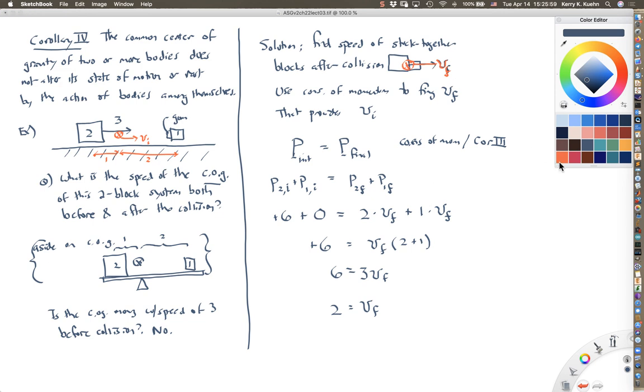So the final velocity of these blocks stuck together after the collision is 2, which means that because the center of gravity speed cannot change as a result of the collision, the initial speed of the center of gravity is 2. So we used conservation of momentum to figure that out. So that is corollary 4. Okay, I'm going to stop there.